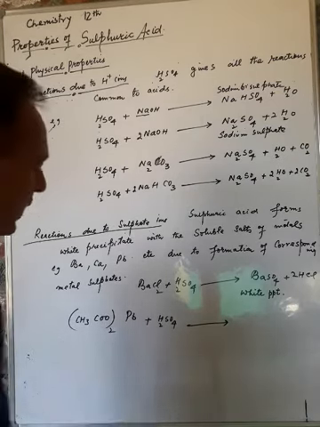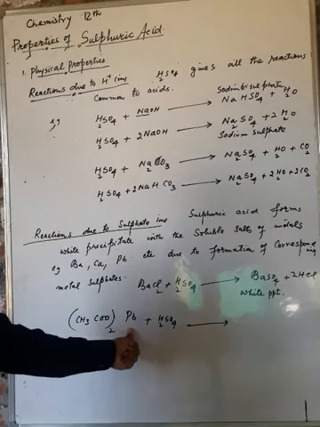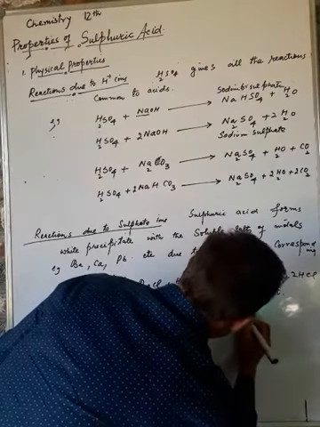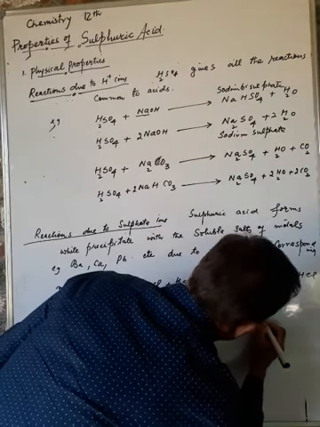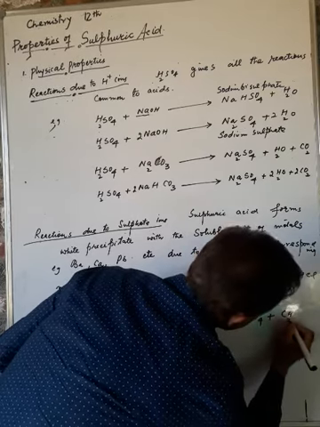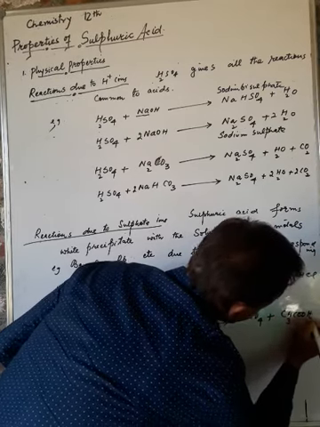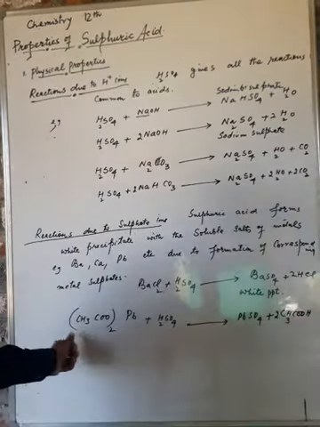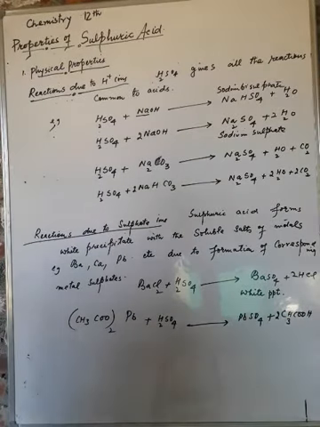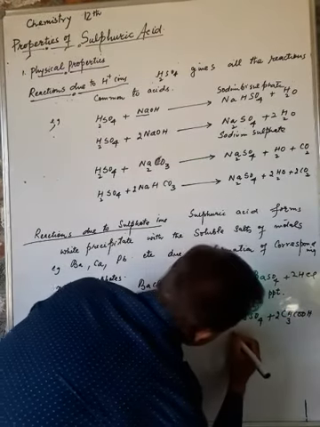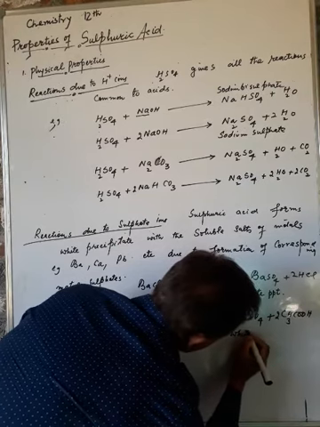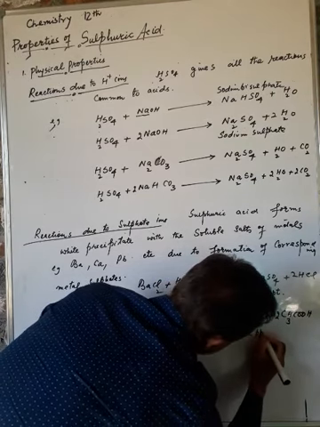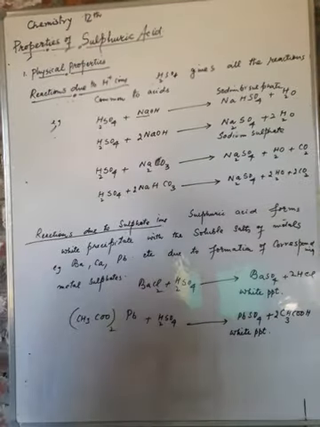The white precipitate is due to the formation of lead sulfate. So it forms PbSO4 plus 2CH3COOH. The reaction is balanced and the white precipitate is due to the formation of lead sulfate.